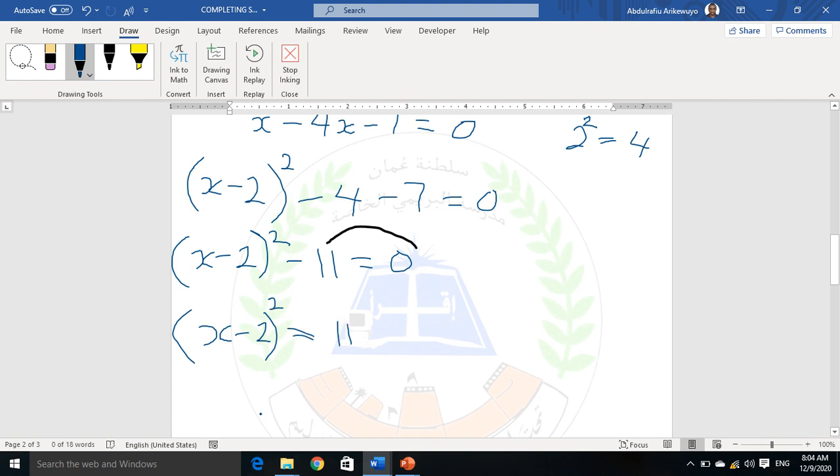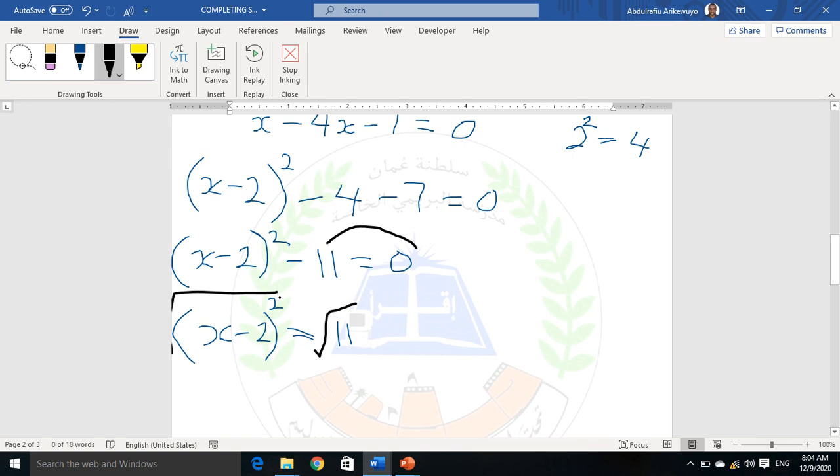Right? Good. So I'm sure you know the next thing to do. I want to remove this square. For me to remove this square, I'm going to do square root for the two sides because I want to remove that squared. Right? So, and I'll do square root for this also.